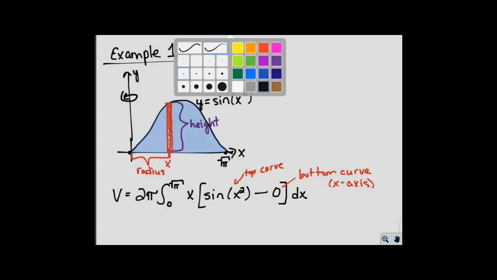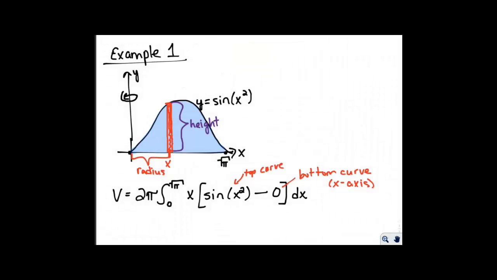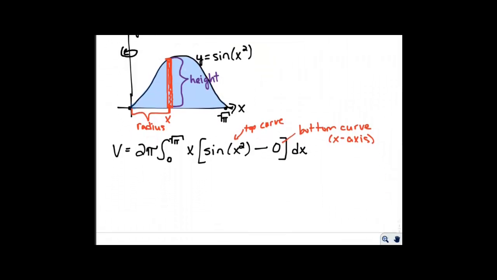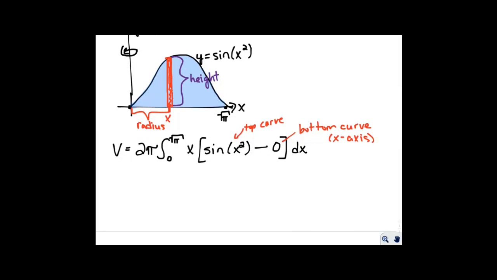Okay, now we're going to integrate this, and the reason I chose this example is because it's not an easy integration. We have to use substitution, so we have to let u be x squared, and then remember, for substitution you find du, which is just 2x dx.